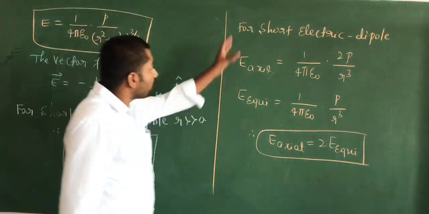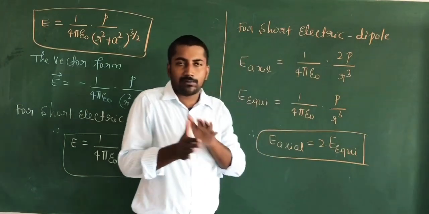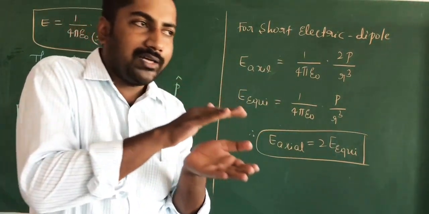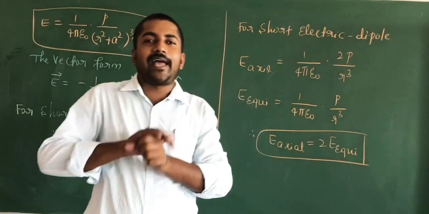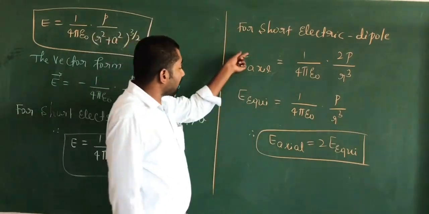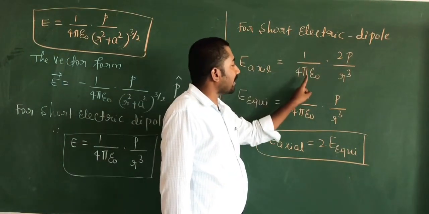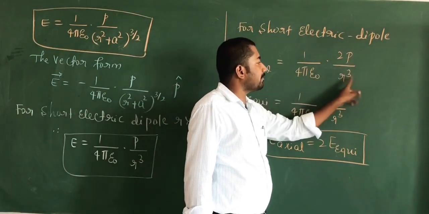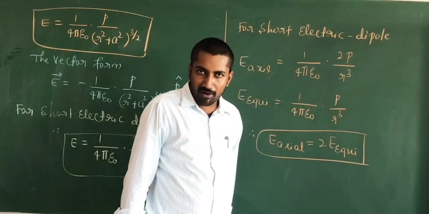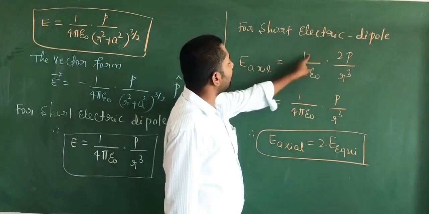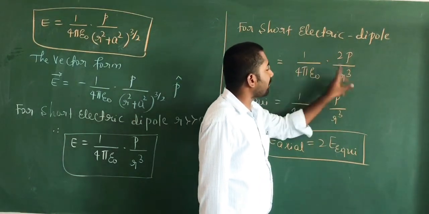Now the comparison between the short electric dipole for the equatorial line and the axial line. The electric field due to the axial line for a short electric dipole is 1 divided by 4 pi epsilon naught 2P divided by R cube.